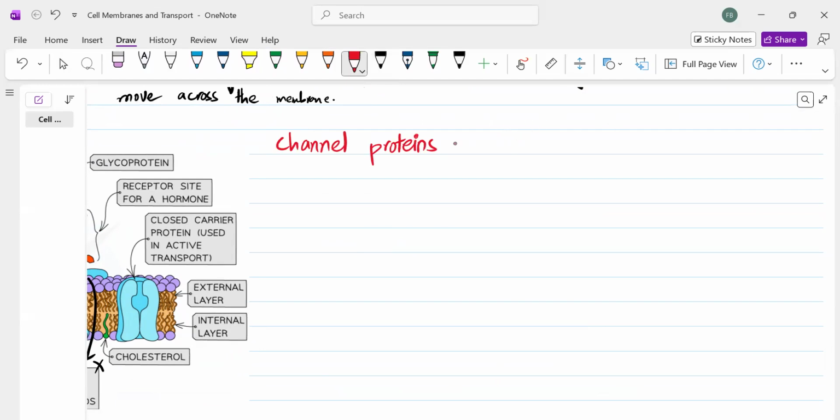They act like a tunnel, or you can say they are gated.